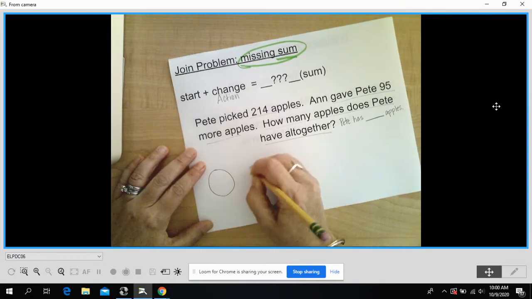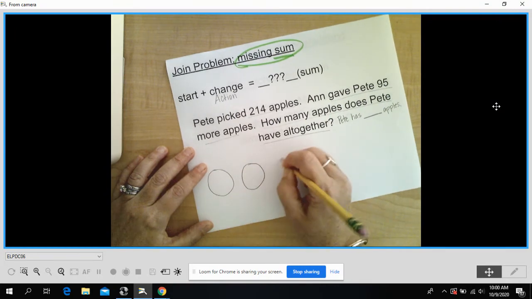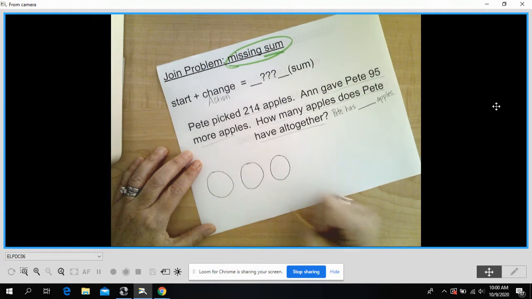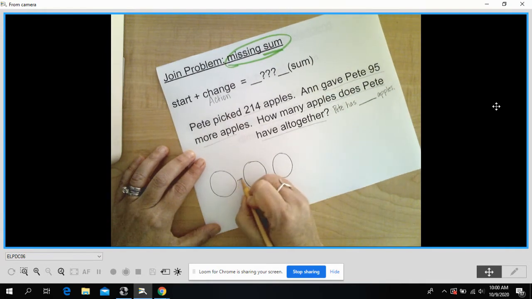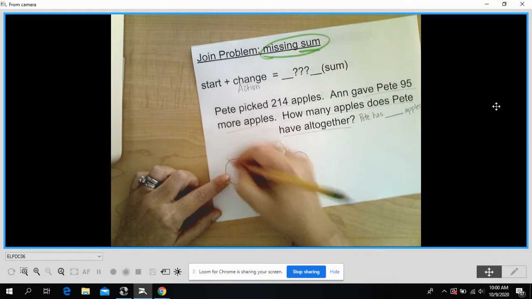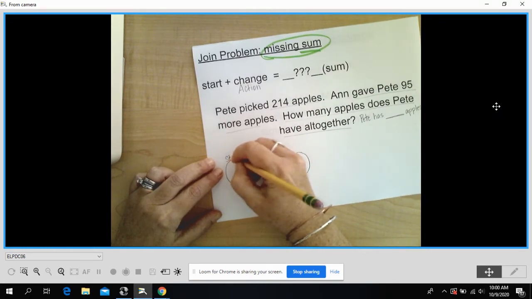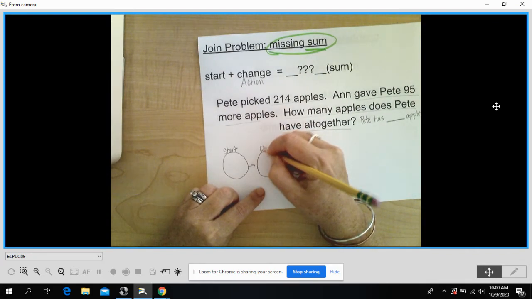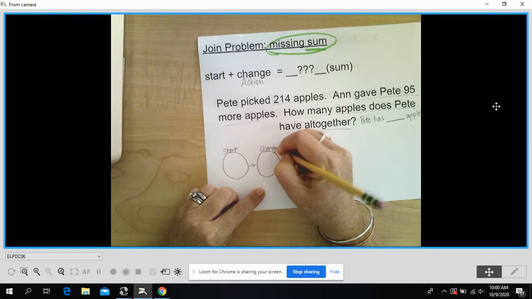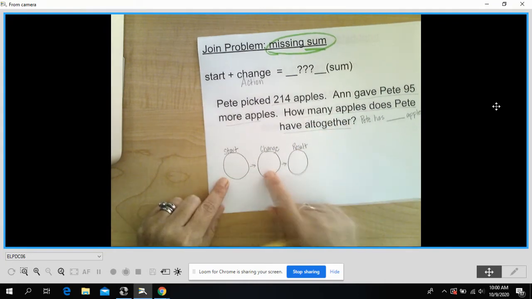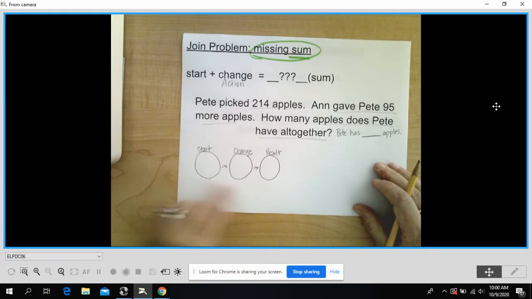And again, when I do this, I am not trying to be an artist. I know my circles aren't perfect, but I know that I have a start. Then I know that I have a change. And then I know that I will have a result. So I like to use this to help me figure out my problem.